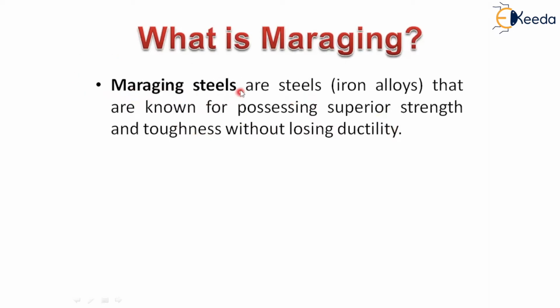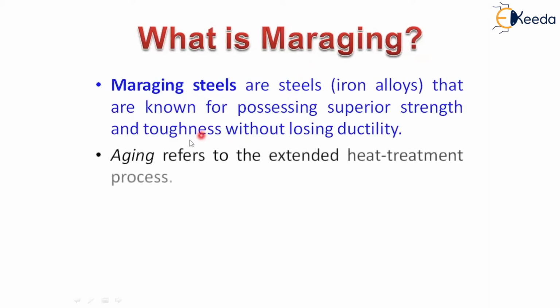We get these maraging steels with the help of the maraging process, and we are going to do the aging process. Aging is related to time, so it refers to an extended heat treatment process. The same heat treatment is done, but with an extension, that means the time is extended.